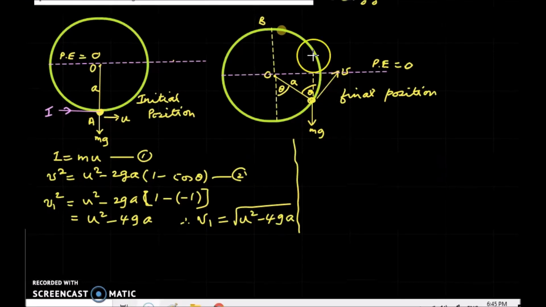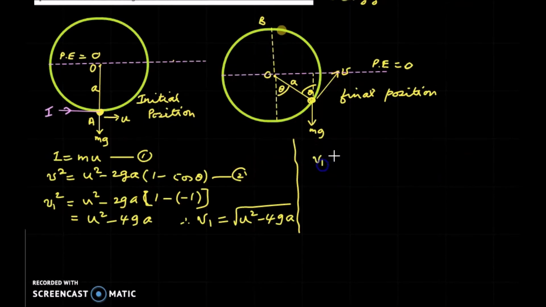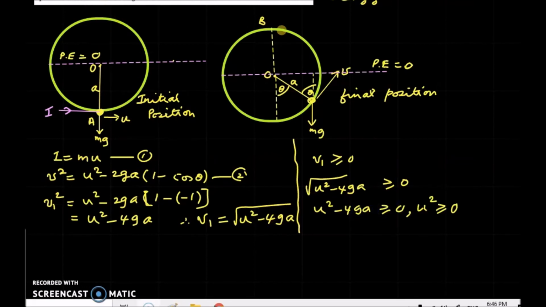Now, for this to describe complete vertical circles, v1 should be greater than or equal to 0. That means square root of u squared minus 4ga is greater than or equal to 0. So u squared minus 4ga is greater than or equal to 0.